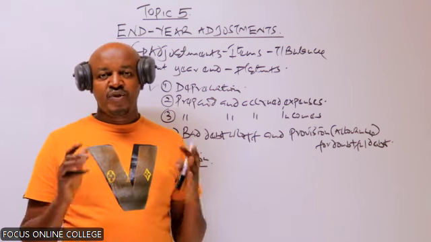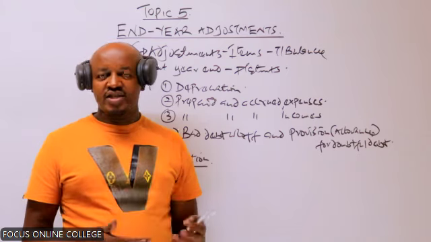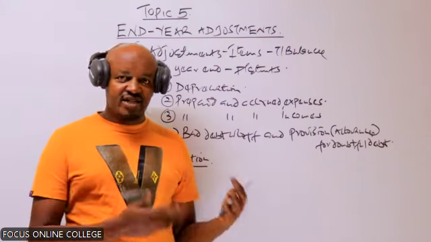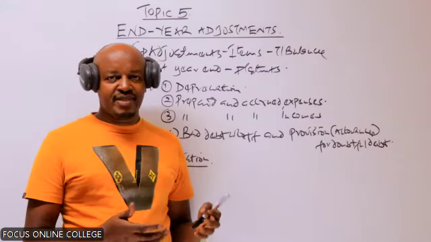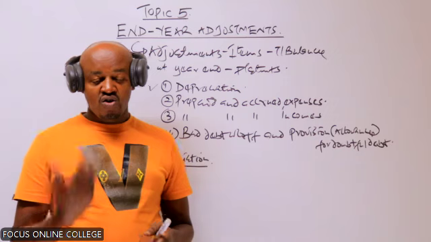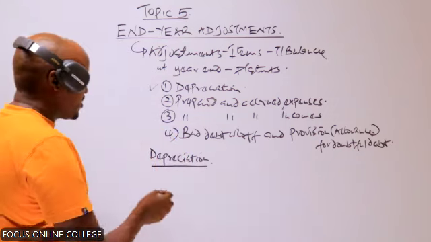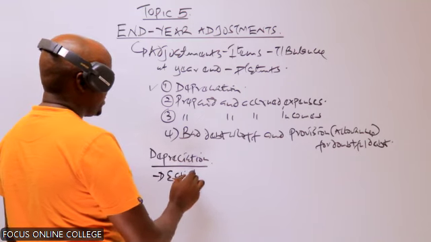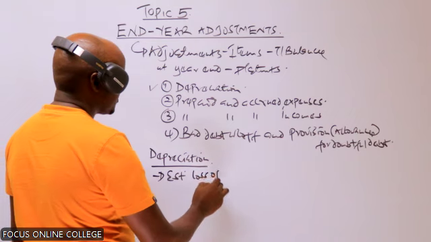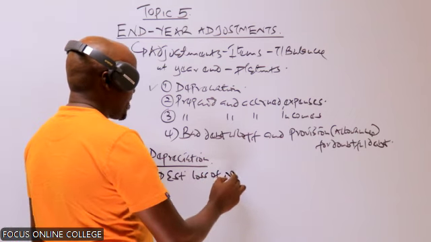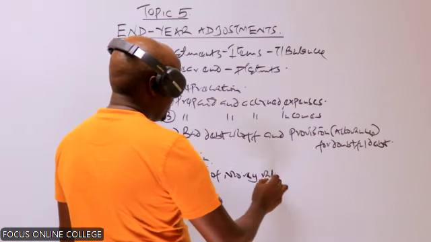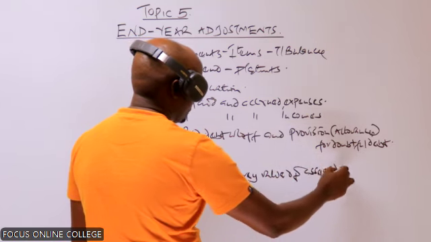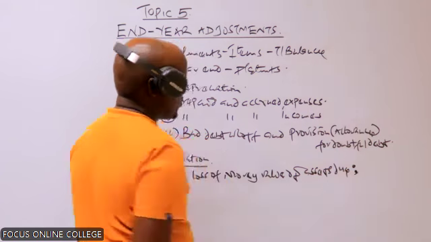Number 2, I've said, whenever you're using some asset, due to wear and tear, those particular assets will do what? Will lose some value. So therefore, basically at the end of the year, a business must estimate the loss of value of what? Of the asset. So therefore, first of all, we can say depreciation is the estimated loss of money value of assets. Assets will lose value due to what?